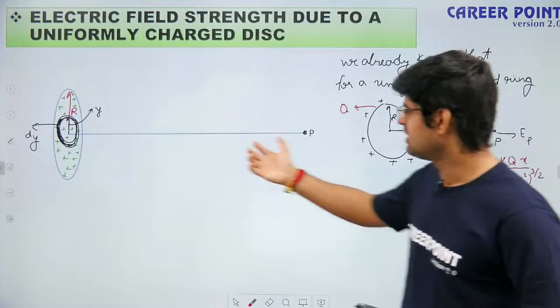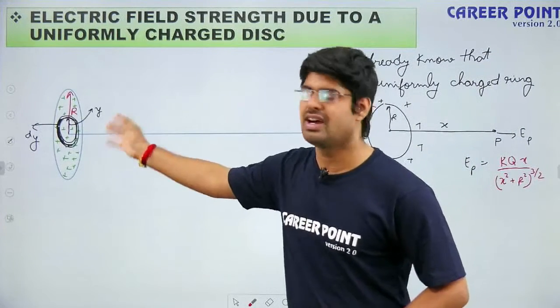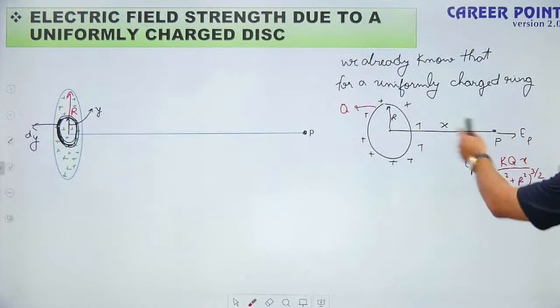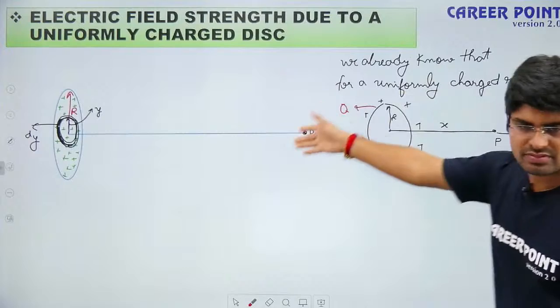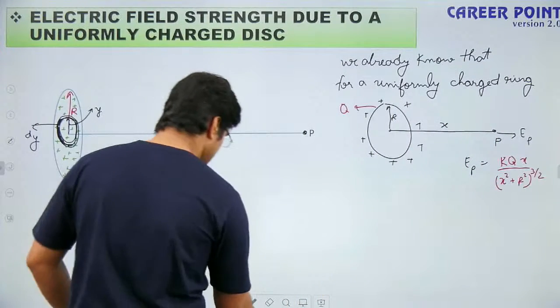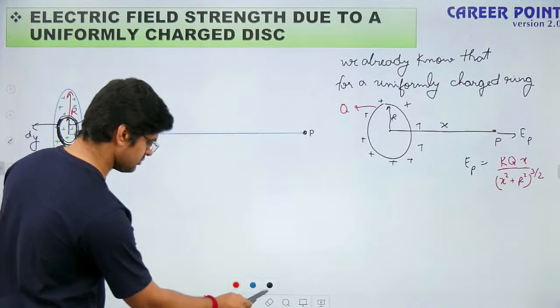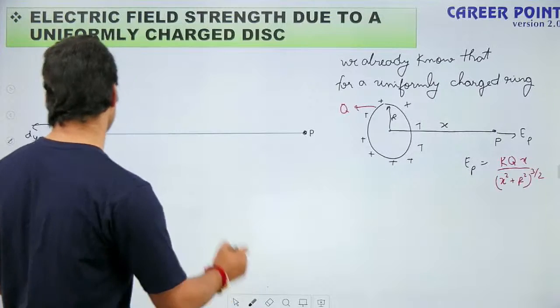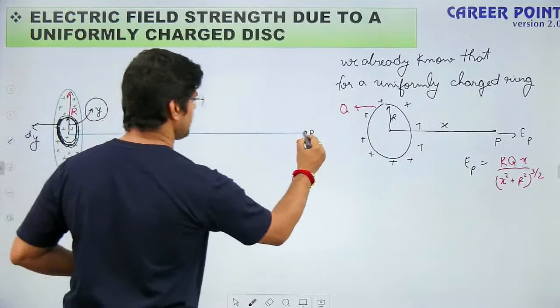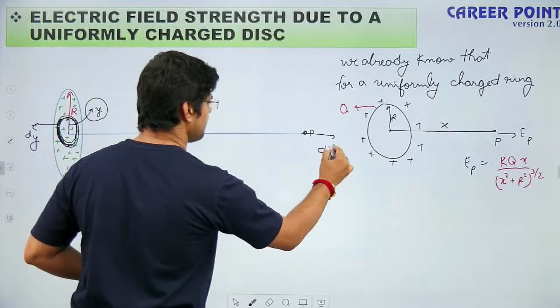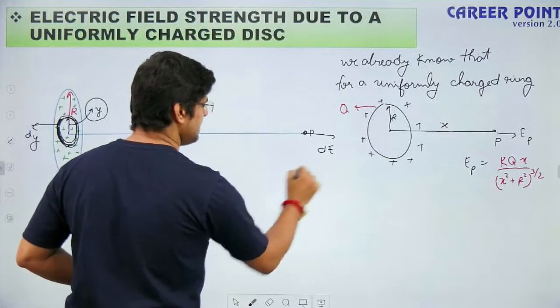Since I have taken an elemental ring here, I will use the formula for electric field due to a ring at an axial point directly. Due to this ring of radius y, let's say the electric field here is dE.